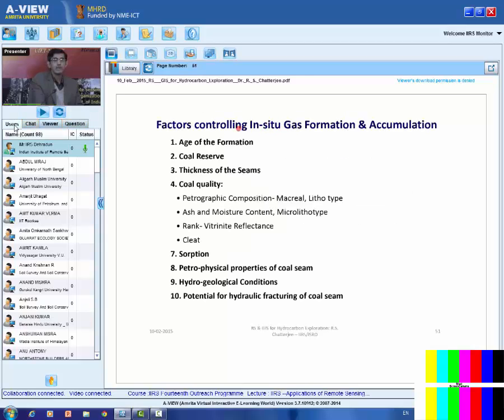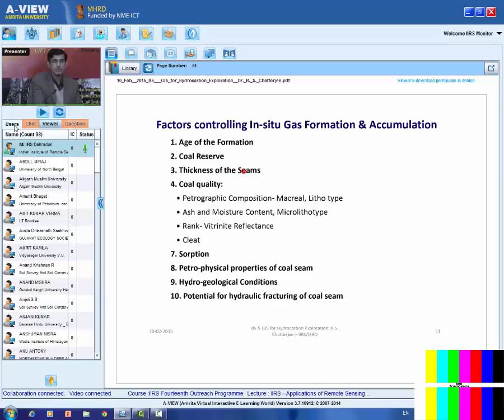Now there are certain factors which control the formation and accumulation of in situ gas. These include the age of the formation. What is the coal reserve, how much coal is there in this deposit?